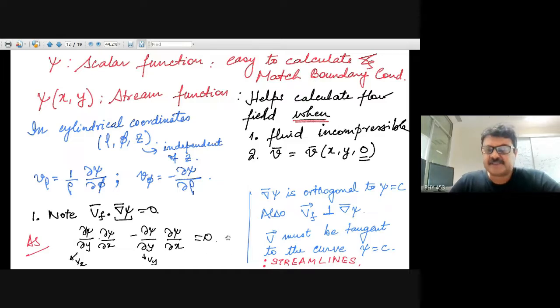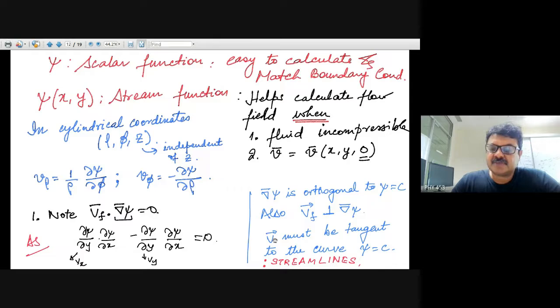And this means that this velocity field is always perpendicular to grad psi, right? So basically this velocity field is perpendicular to the direction where psi increases at the maximum rate, grad psi.